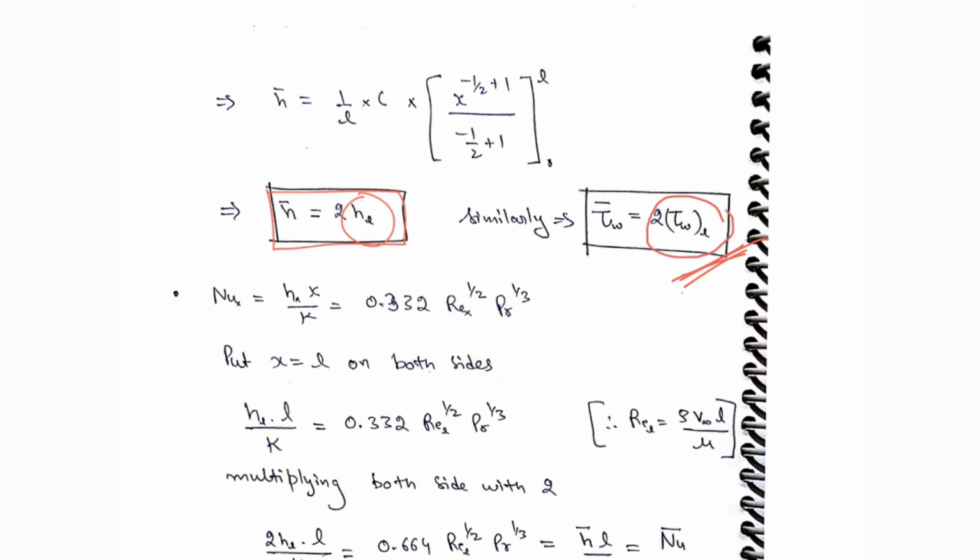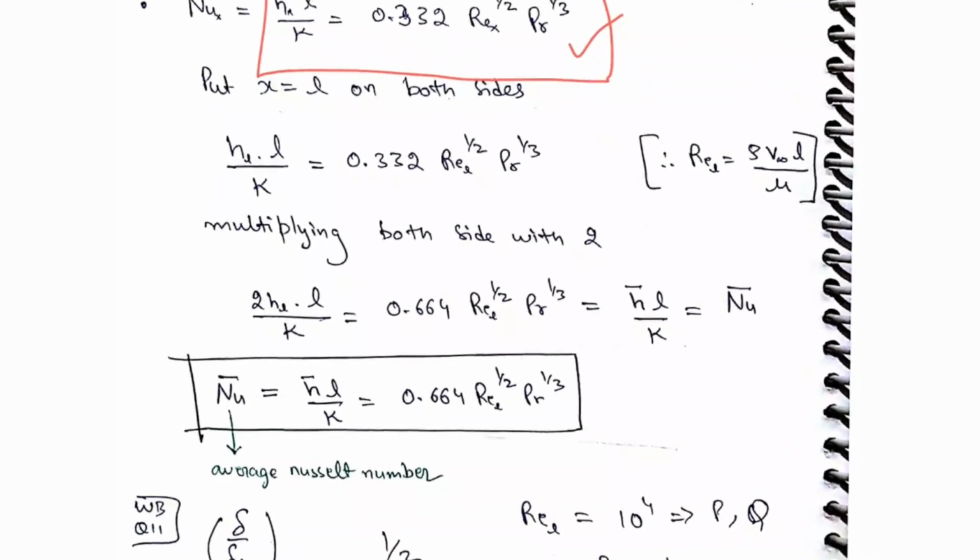Now we want the Nusselt number. This is the formula we know for the local Nusselt number, and we need the average Nusselt number. In this equation, let us multiply by 2 on both sides and put x equal to L. We will get 2 times hL into L by k is equal to 0.664 into Re_L power 1 by 2 into Pr power 1 by 3.